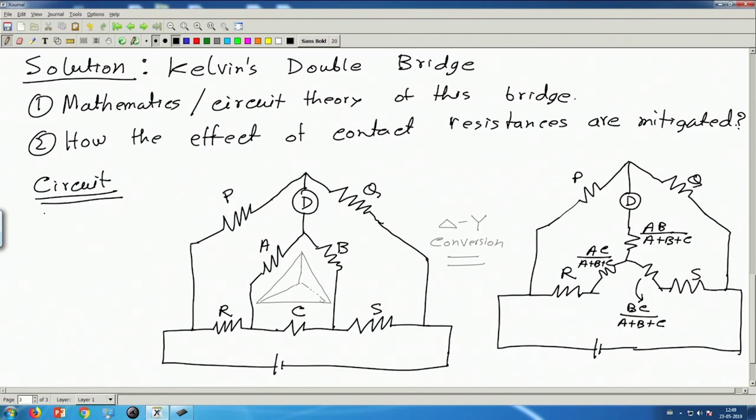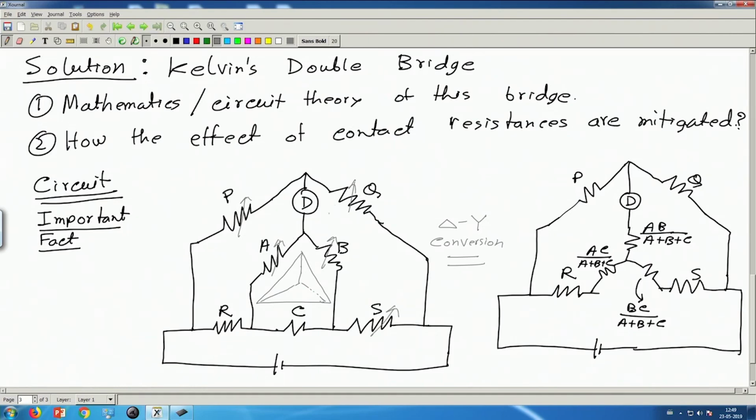Now, an important fact, in this bridge, in this Kelvin double bridge, whenever we change any resistance, so these resistances are variable. So, you can change P, you can change Q, all these resistances you can change. Okay.